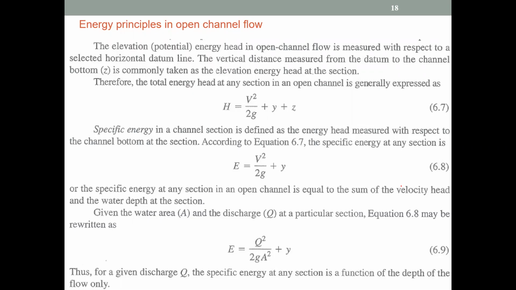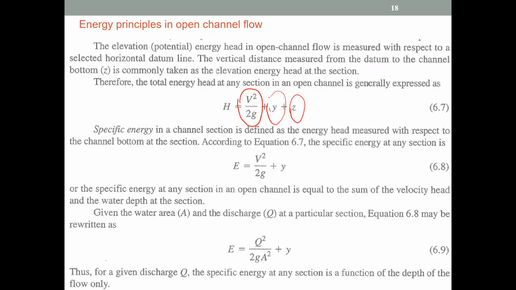As I told you earlier, in open channel flow or in pipe flow, there are three head terms we consider: the pressure head, velocity head, and the elevation head. Now in open channel flow, this is the velocity head, this is the elevation of the channel bed, and this is the depth to the water surface. So that is the total head.